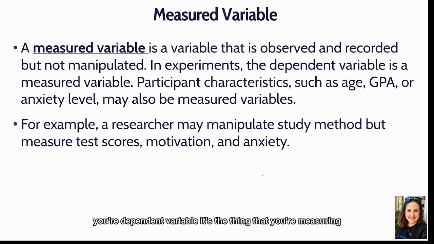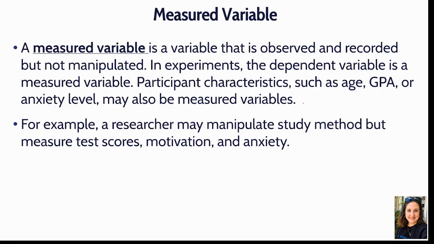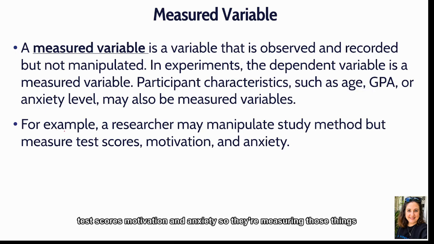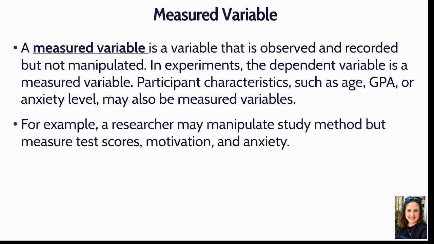It's the thing that you're measuring. Could be GPA, could be age, anxiety level. All of those things could be considered measured variables. So in the example here, it says a researcher may manipulate study method, but measure test scores, motivation, and anxiety. So they're measuring those things, but they're not manipulating them.